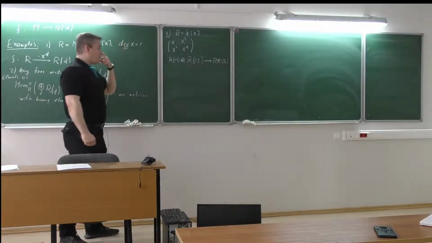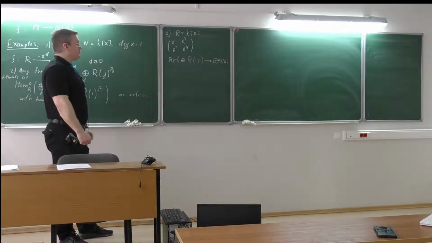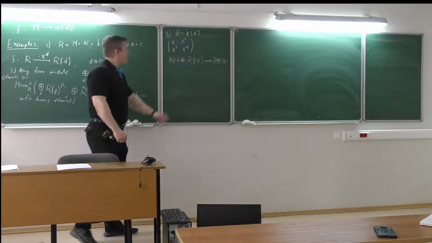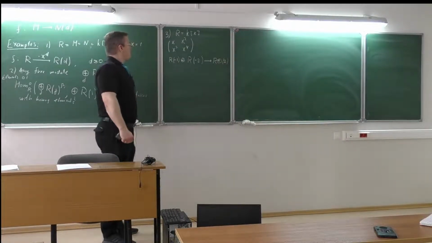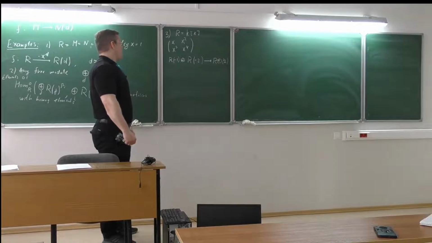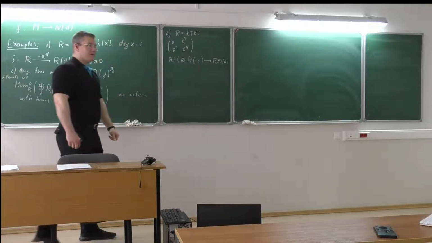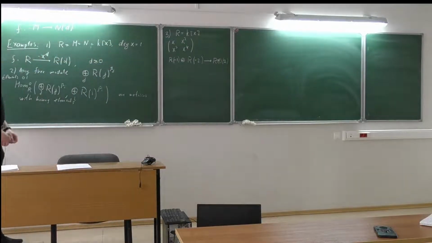Okay, what would it be like if there were x cubed, there would be R here? Well, then it would be a matrix with homogeneous elements which is not a map between two free modules. So it's not only that these should be homogeneous elements; there has to be some specific relations between the degrees of these homogeneous elements.